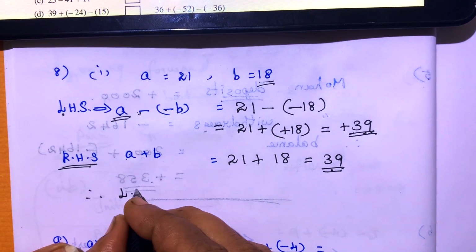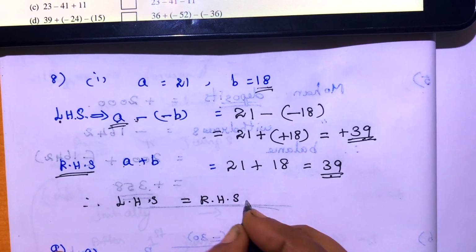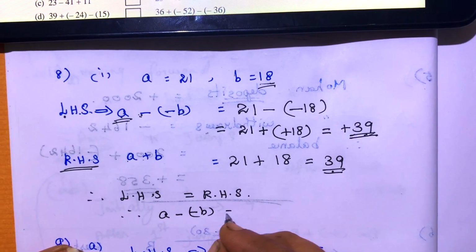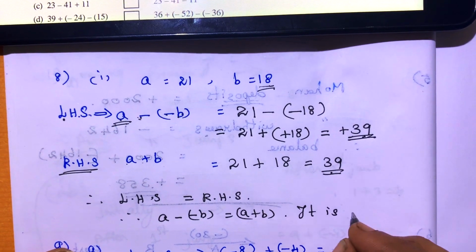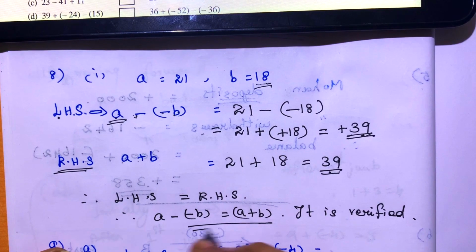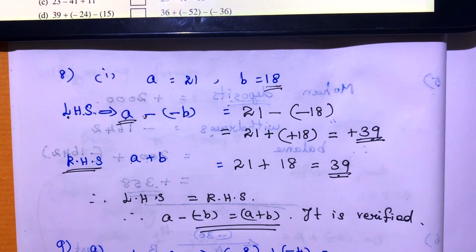Therefore, left hand side is equal to right hand side. Therefore, A minus minus B is equal to A plus B. It is verified. Can you understand? This is the same way you have to try the other three sums also.